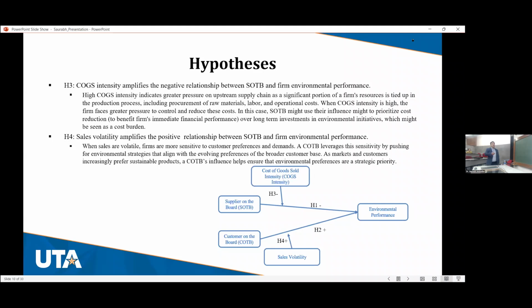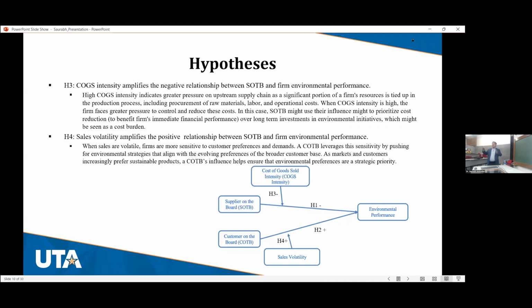Similarly, if I'm looking at the downstream pressure, let's look at sales volatility, right? If there is too much uncertainty in the market, then firms need to be more sensitive to what the customers' preferences and demands are, right? And so when we have a customer on the board, they can use this as an opportunity to include environmental preferences, right?